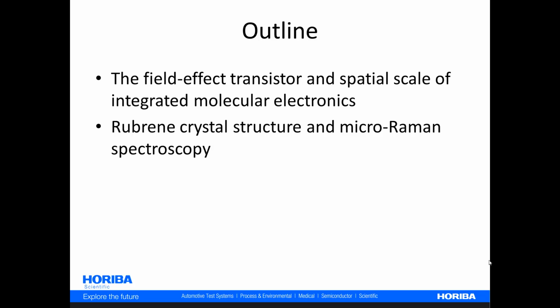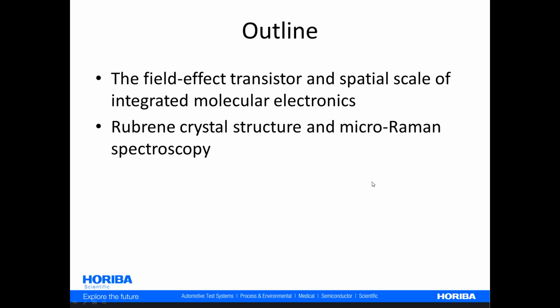First, an introduction or reintroduction, I'm sure to many of you, of the field effect transistor, and specifically the spatial scale of integrated molecular electronics, which is large relative to that for the silicon-based or gallium arsenide-based integrated electronics, and therefore makes it suitable for optical microscopy and optical microspectroscopy.